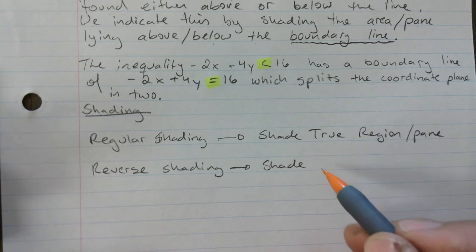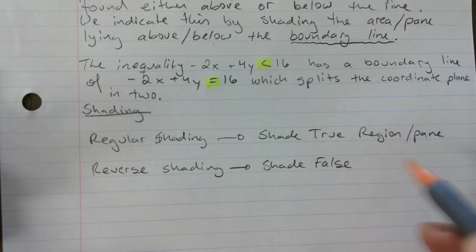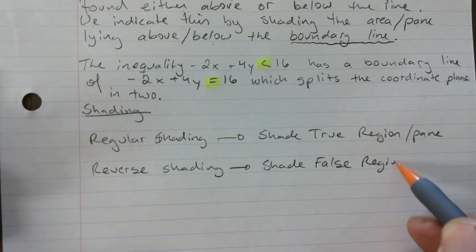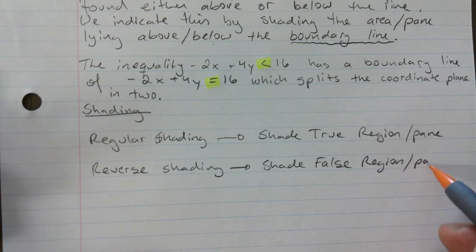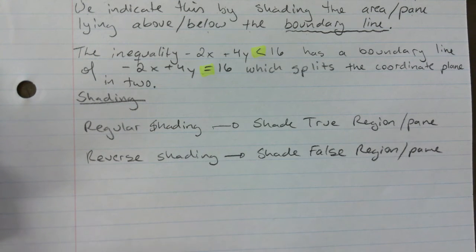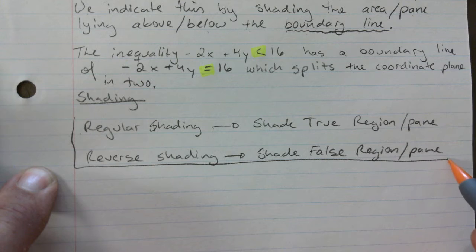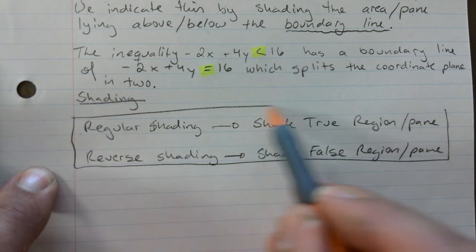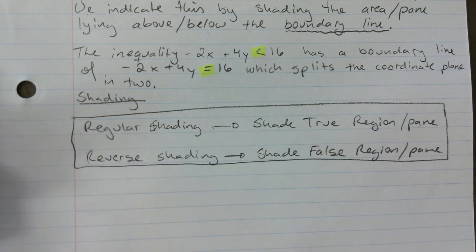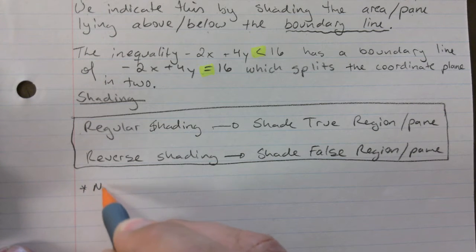You shade the false region or pane. I would like you to box this in because this is going to be ongoing. So today we're going to start with regular shading, but then I'm going to switch over to reverse shading, okay? And I'll make a little note.